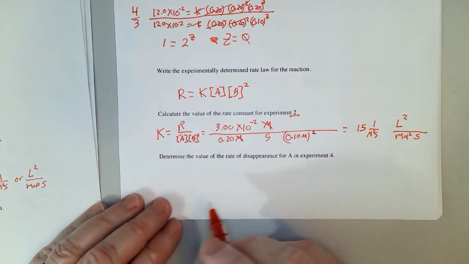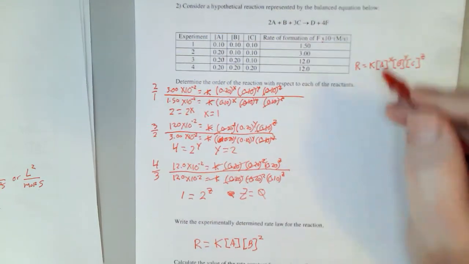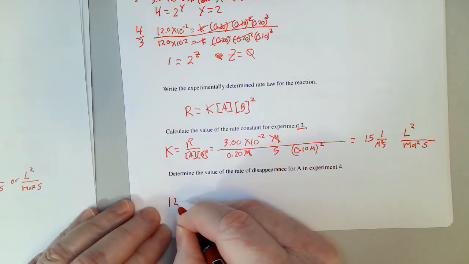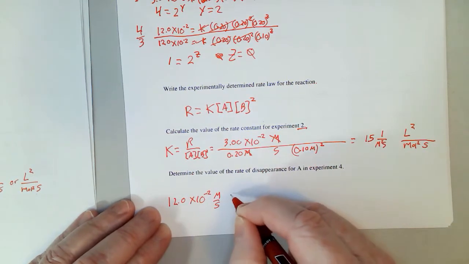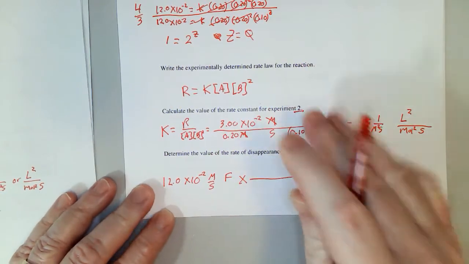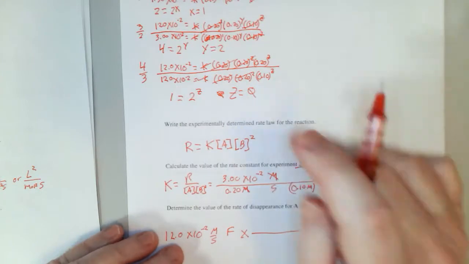Now finally, in experiment 4, my rate of formation of F is given. And I want to find the rate of disappearance for A. So I have 12.0 times 10 to the negative 2 molar per second in terms of F. Now, according to my balanced equation, there are 4 F's for 2 A's.